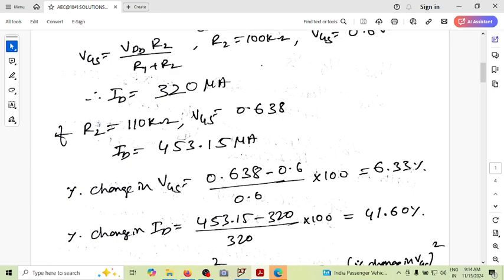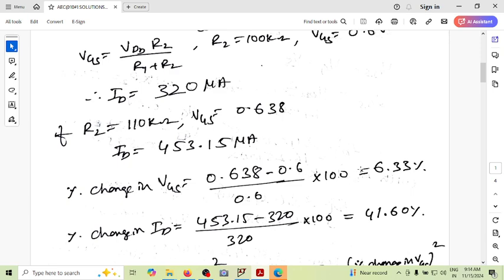So this is the percentage change. And the corresponding change in the current: 453 corresponding to this VGS, and corresponding to 600 millivolt of VGS, we had 320 microampere. So the percentage change in ID is actually 41.6%, which is a considerable change.